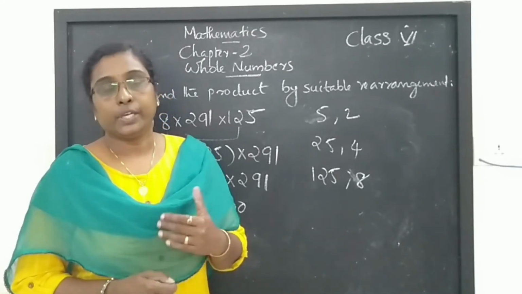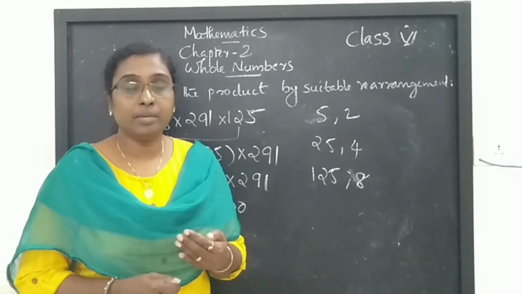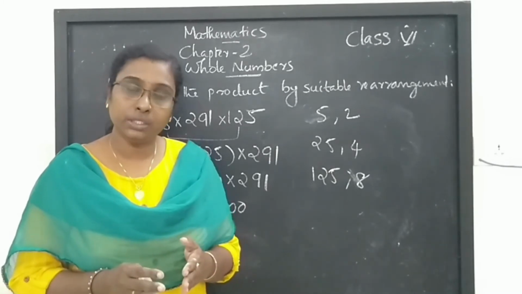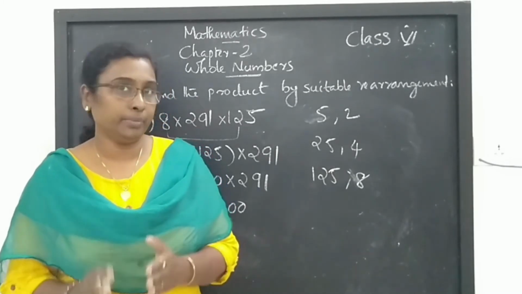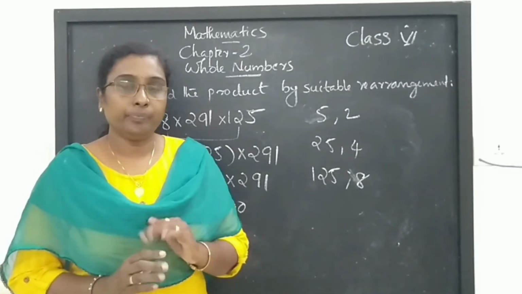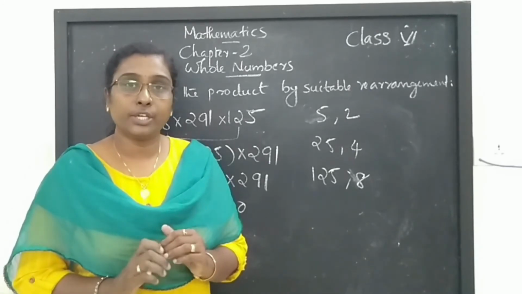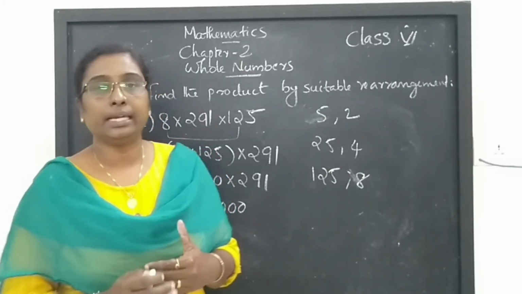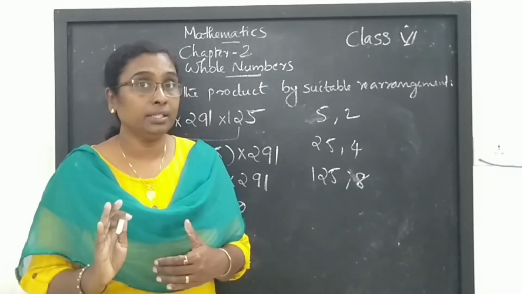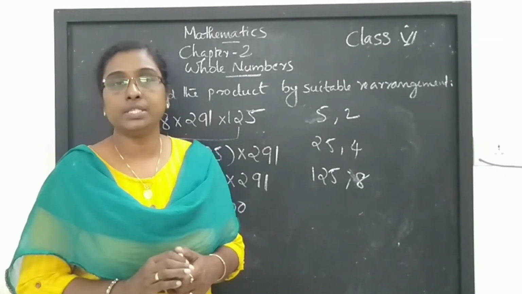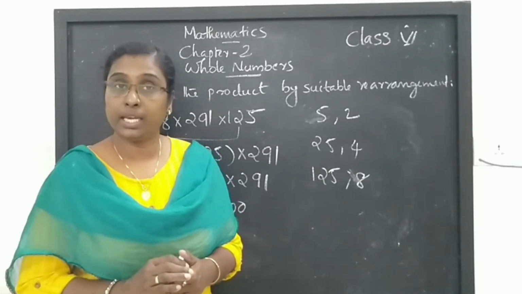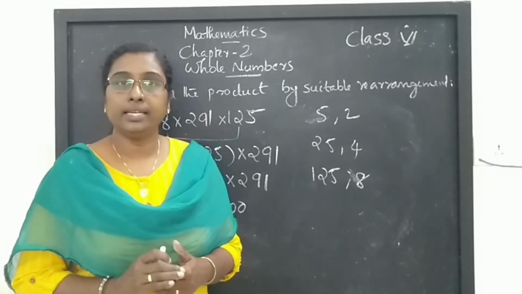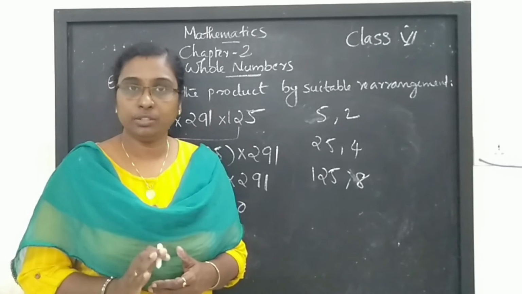Similarly, the whole numbers are closed under multiplication. If we multiply any two whole numbers, we get a whole number. The whole numbers are not closed under division. If we divide two whole numbers, the answer may not be a whole number. Okay, clear? This is the closure property. So we can say that the whole numbers are closed under addition and multiplication only.